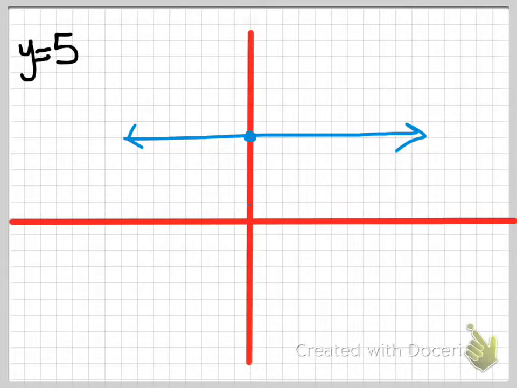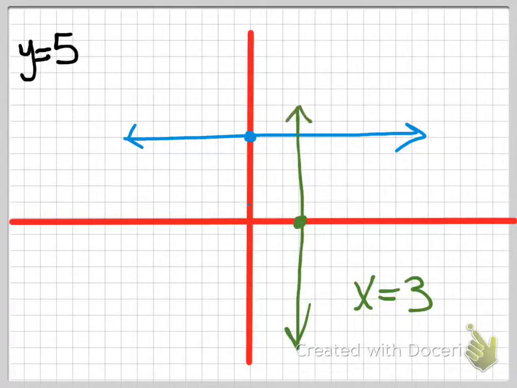X equals equations will cross the x-axis. So if I had x equals 3, it would cross the x-axis at 3, and it would be a straight up and down line. So depending on the variable you have in the equation, you will know how to graph it.